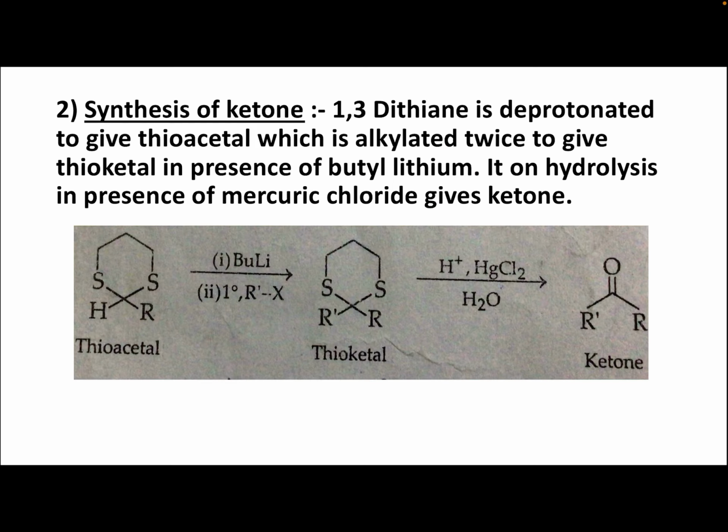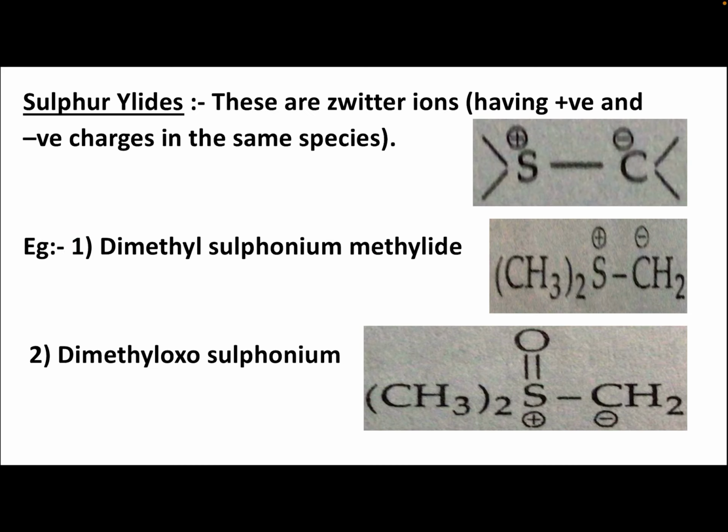There it was thioacetal, here it is thioketal. Again hydrolysis takes place in the presence of mercury chloride to give ketone. So to synthesize aldehyde we alkylate one time, and for synthesis of ketone two times alkylation is done.